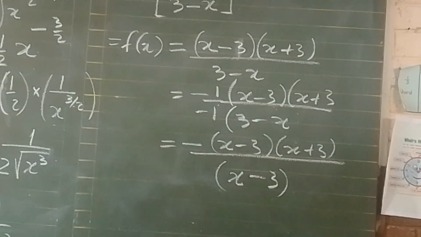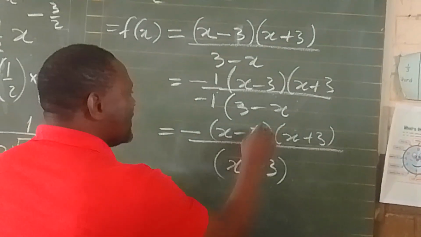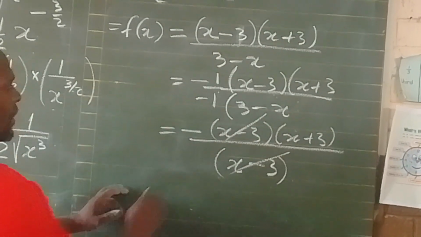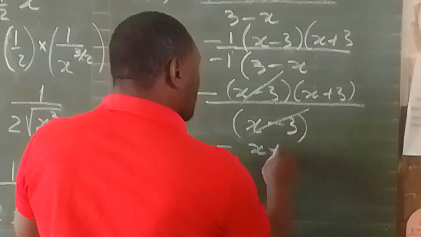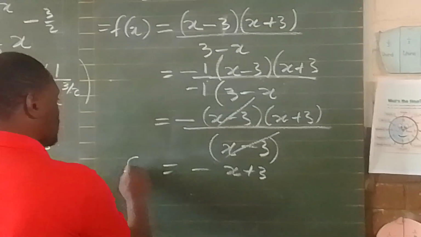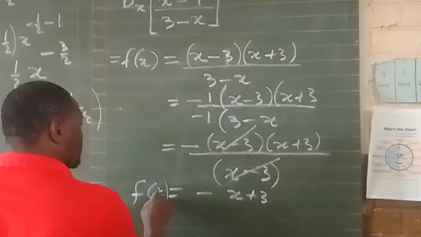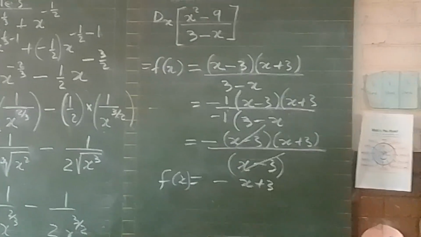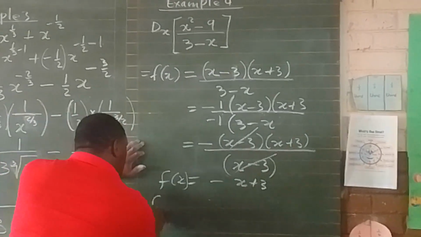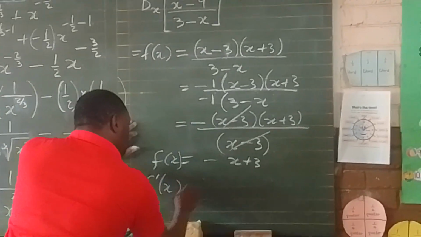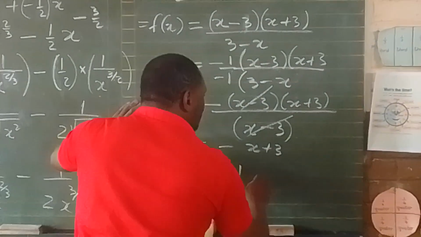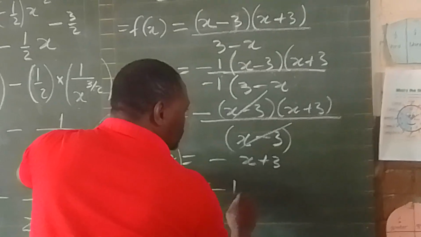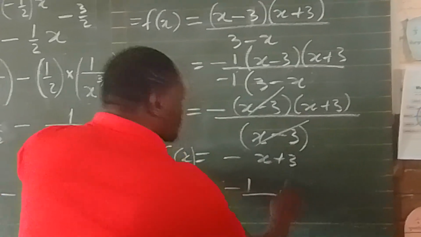Now you have x minus 3. Right, in a spot where you want it, which is going to be minus x plus 3 is your f of x. Now differentiate this. When you differentiate this with respect to x, it is going to be minus 1. You're done.